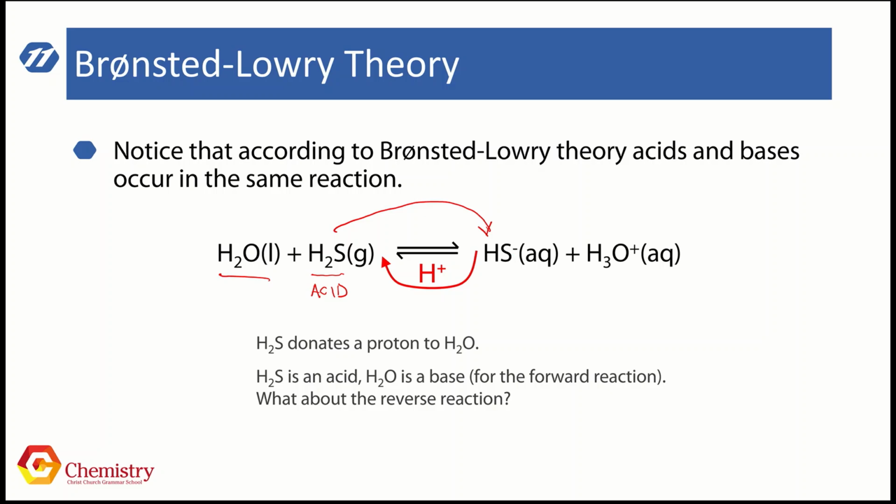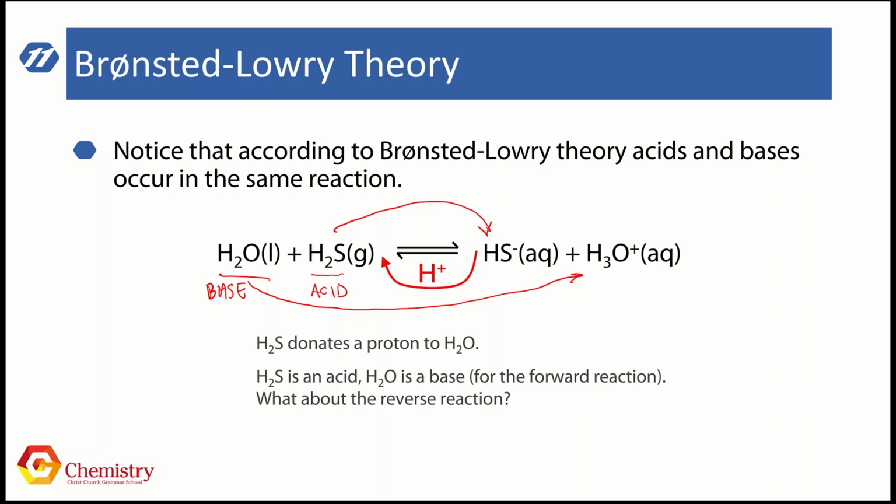Now the water, on the other hand, has accepted a hydrogen ion, a proton, and so the water in this case is acting as the base. So remember I said to you that Bronsted-Lowry theory says that acids and bases cannot exist in isolation. They always exist in an acid-base pair.